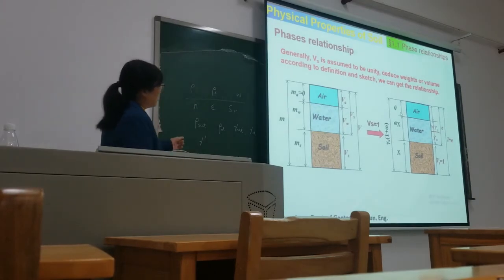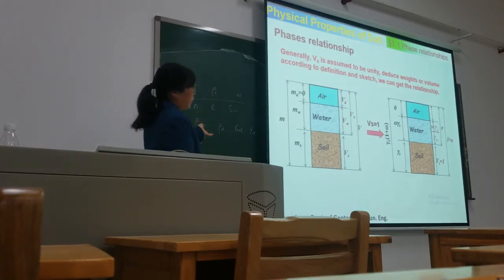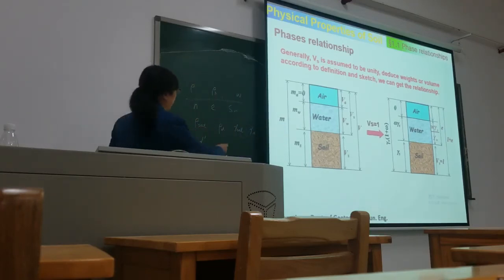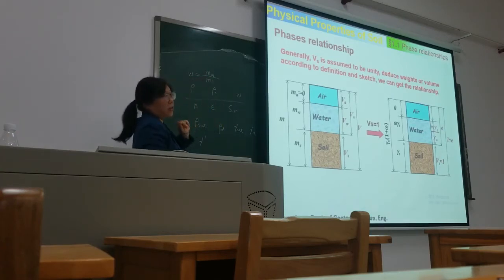Here, Mw equals zero, and W. From this equation, we can obtain the mass of water equal to water content times Ms, okay?